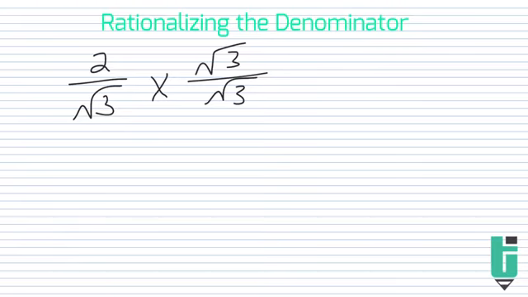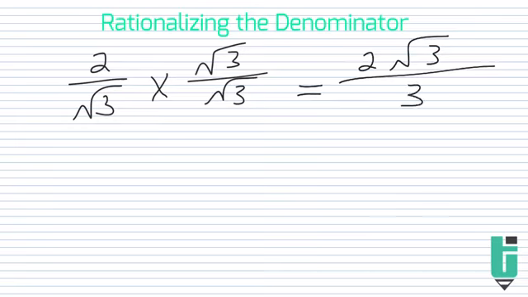If we multiply this out, at the top we have 2 times square root 3, and at the bottom we have square root 3 times square root 3. We know from our rules that that's just equal to 3. Now at the bottom we have 3, so we've literally gotten rid of that square root, or that radical, and turned it into a rational number. 3 is a rational number.